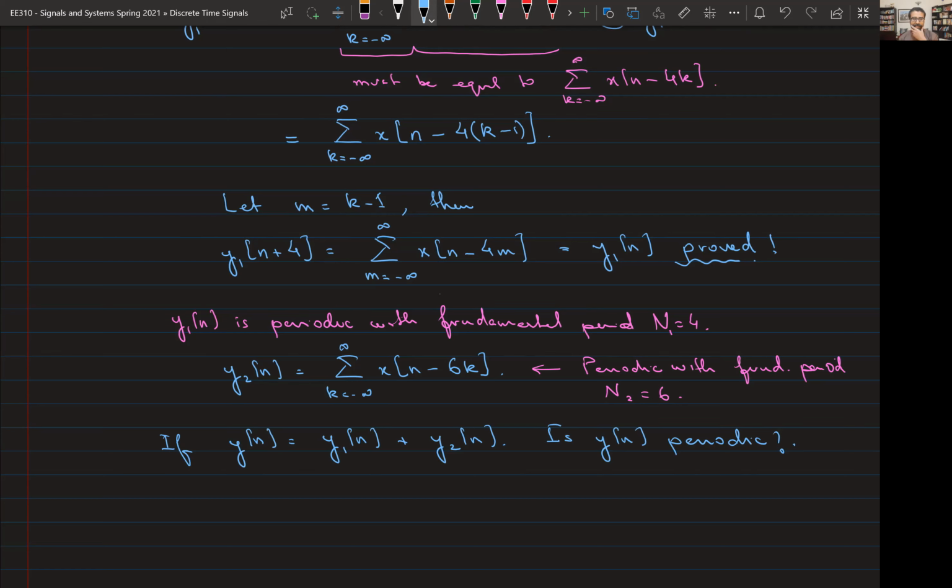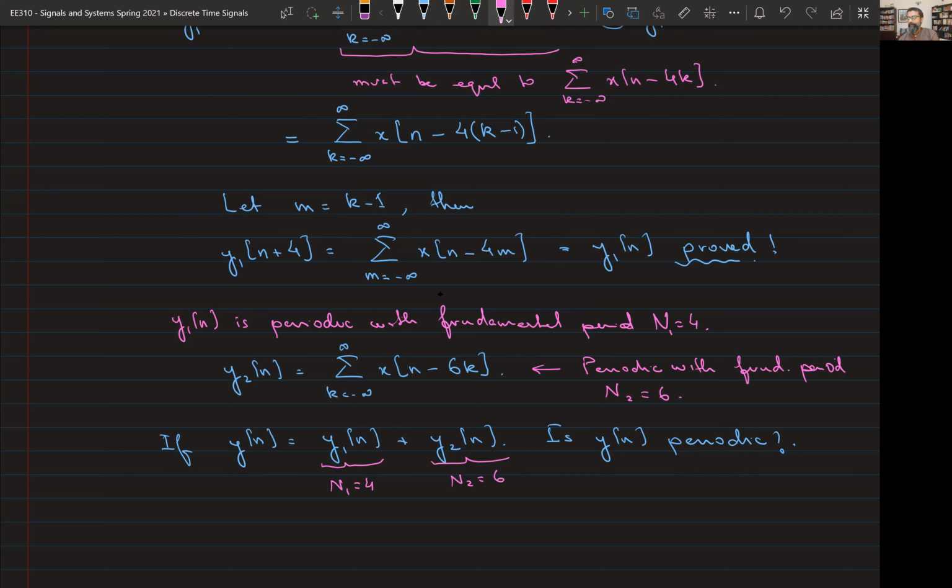Otherwise, if it's not periodic, just make an argument against that notion. So what do you think? I know that y1 of n is periodic with a period of 4, so this was n1 equals 4, and y2 was periodic with a period of 6, right?